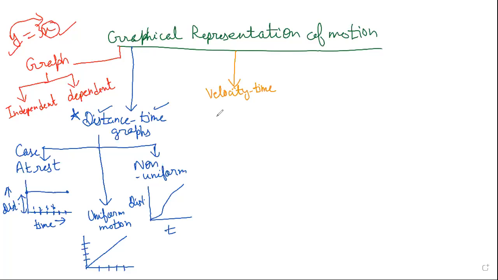When the body is moving with uniform velocity, again we can show it with the help of a graph. For uniform velocity, the initial and final velocity remain the same. Here is the time, here is the velocity. Look, this one and this one are the same.